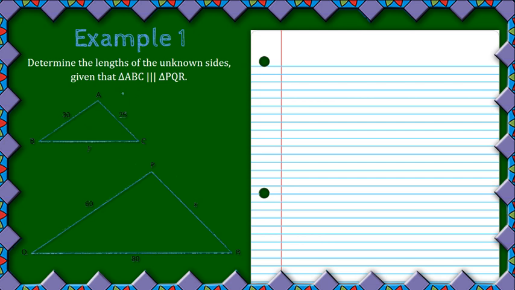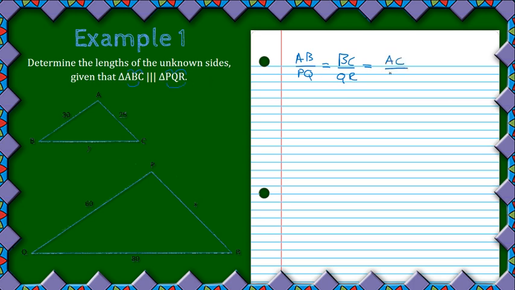So, in this order, AB over PQ is equal to BC over QR, which is equal to AC over PR.